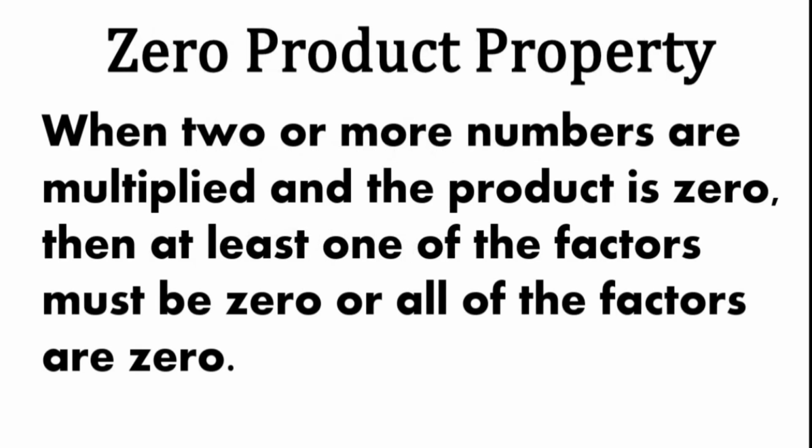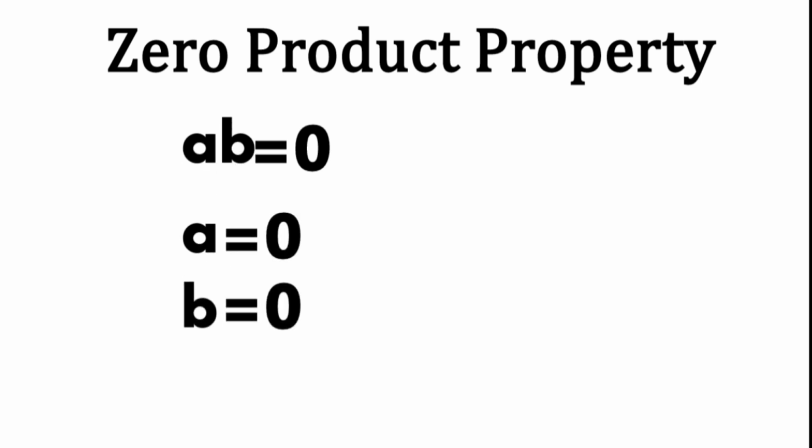The zero product property. When two or more numbers are multiplied and the product is zero, then at least one of the factors must be zero, or all of the factors are zero. a times b is equal to 0, then maybe a is 0 or b is 0 or both a and b are 0.